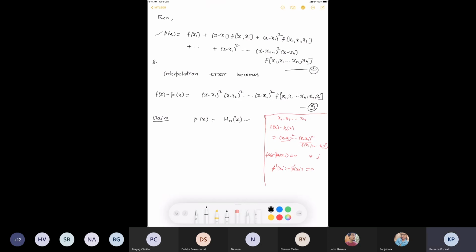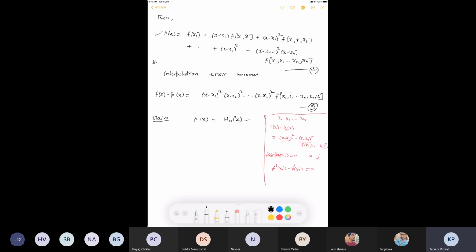We have used similar arguments before also. If we want to prove that two polynomials are the same, we already have one interpolating polynomial, and we say that if another polynomial is the same as this interpolating polynomial, then that polynomial itself is an interpolating polynomial, right? And if we want to show that two polynomials are the same, they both interpolate the same data.